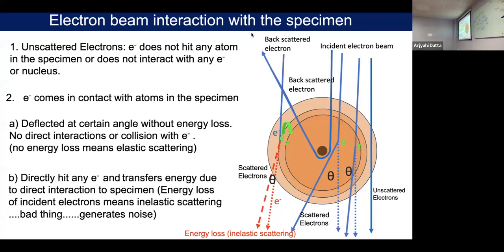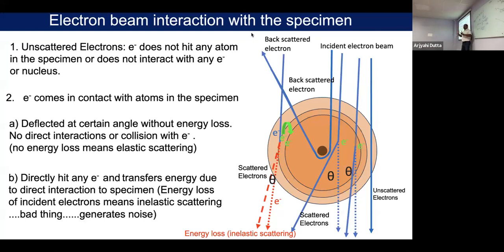When they lose energy, they are not that strong anymore. If we use the same magnetic field, they will converge somewhere else in the same image, and then they will create a blurring effect. That is the reason inelastically scattered electrons are very problematic, and better to avoid.